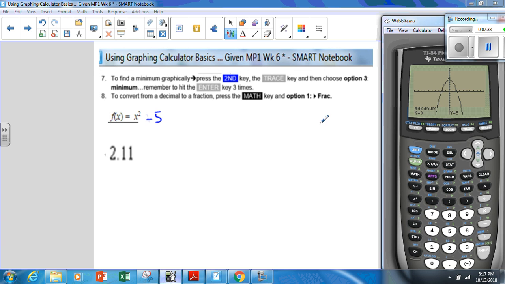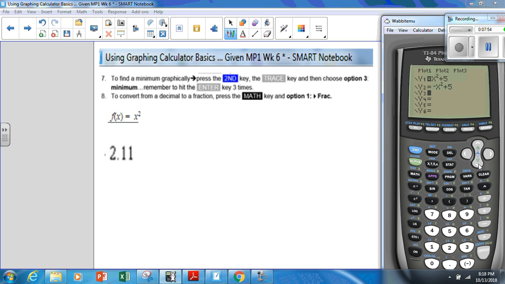Here we go. I have to turn the other one off because I don't need to see both. I turn it off by highlighting it and hitting enter. Only the one that is darkened will show up when I graph this. So let's move that over there, and let's hit graph.